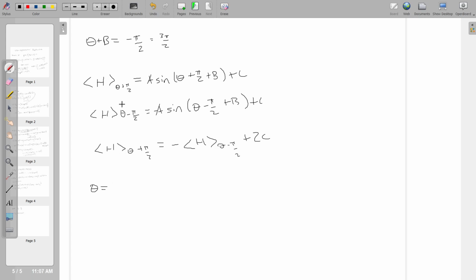theta equals, from above up here, we see theta equals, at the minimum, negative pi over 2 minus b. And so this is minimum, which is, you know, what we want, because we want theta to equal negative pi over 2. That way the sine of that function will be at a minimum.